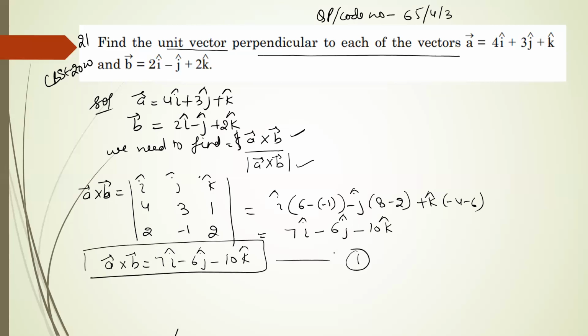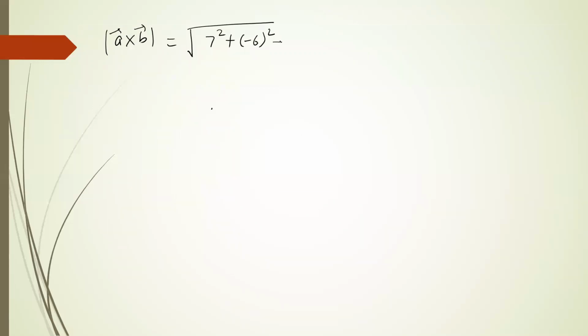Now we need to find the magnitude of A cross B. So we have to find the magnitude of A cross B, which is going to be root of 7 square plus minus 6 square plus minus 10 square. After solving, you get 49 plus 36 plus 100, and you get root 185.